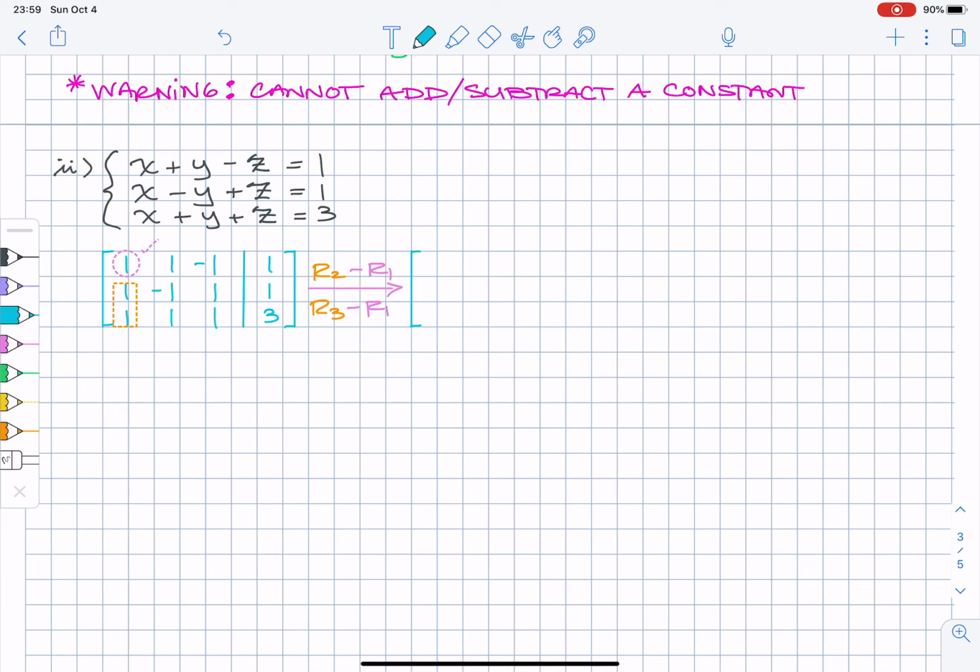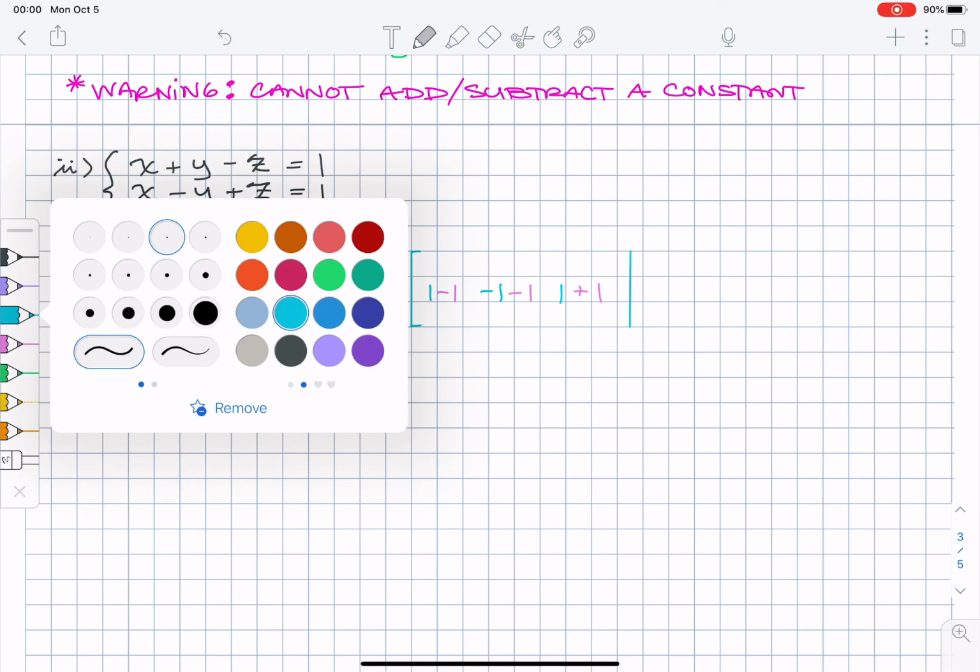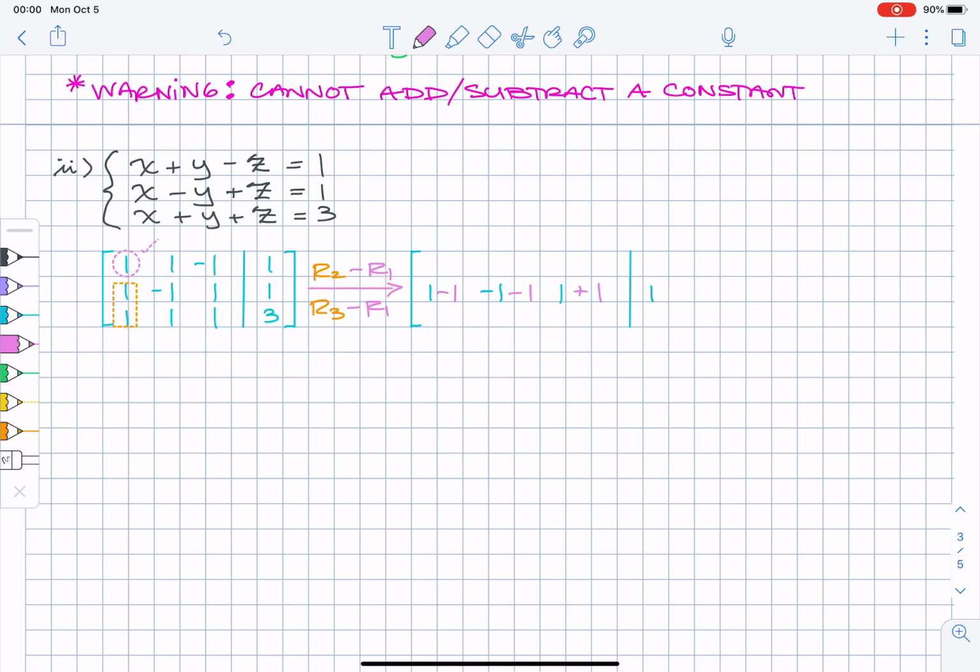So row 2, 1 minus row 1, -1 minus row 1, 1 minus row 1, so plus 1, augment 1 minus row 1.